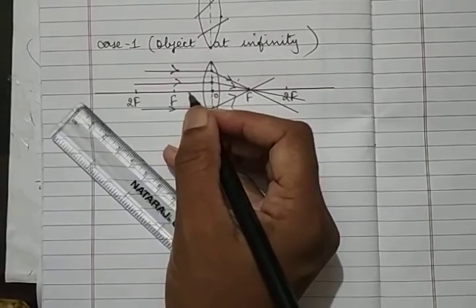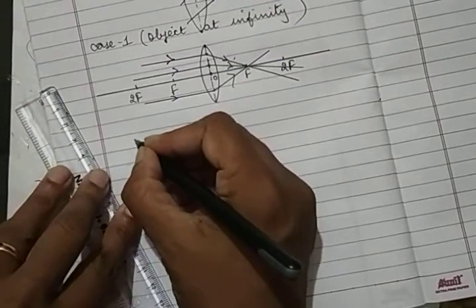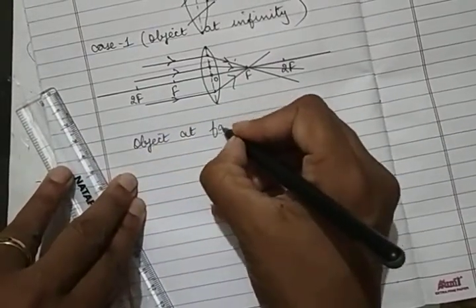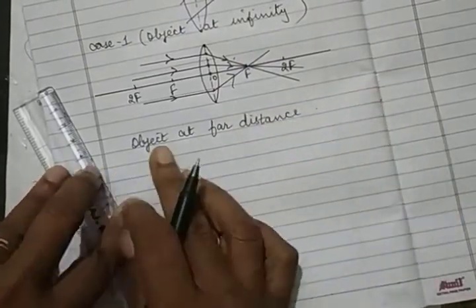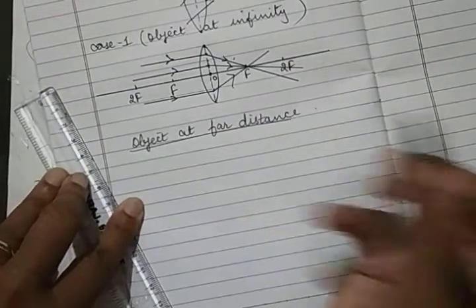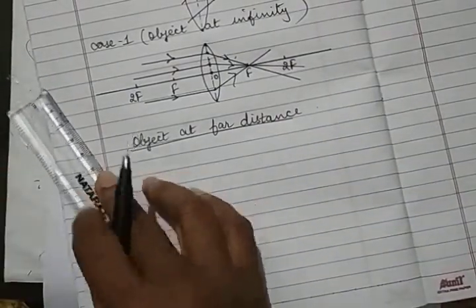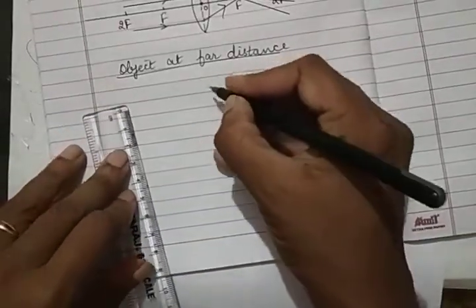Maybe sunlight or something which is very far away. This is another case in case 1. Object at far distance. Not at infinity, not very far, but still far. Compared to the lens, it is far. So, in that case, the diagram will be slightly different.